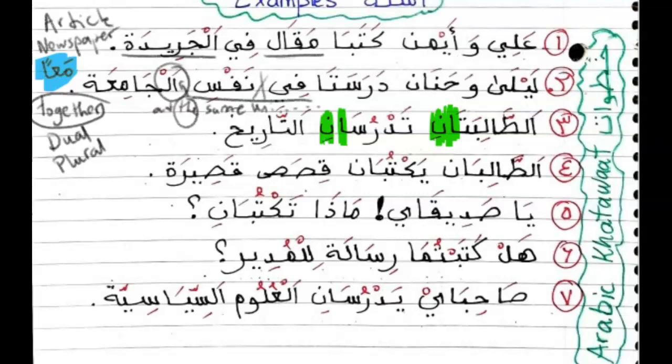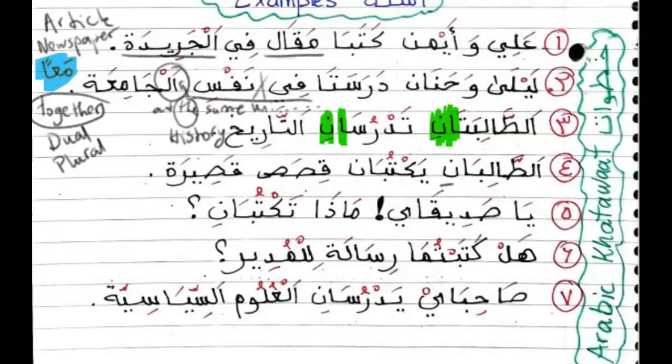So تدرسان التاريخ. The two students study history. التاريخ. History. الطالبتان تدرسان التاريخ. الطالبان يكتبان قصص قصيرة.